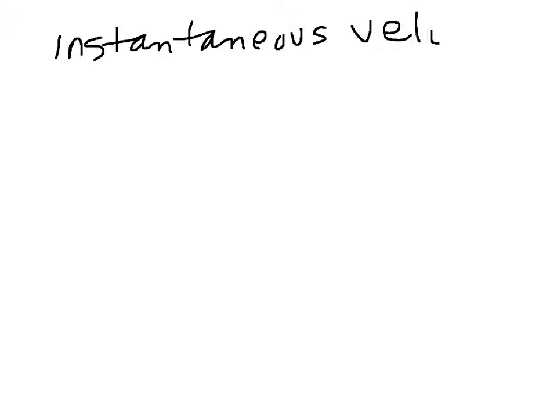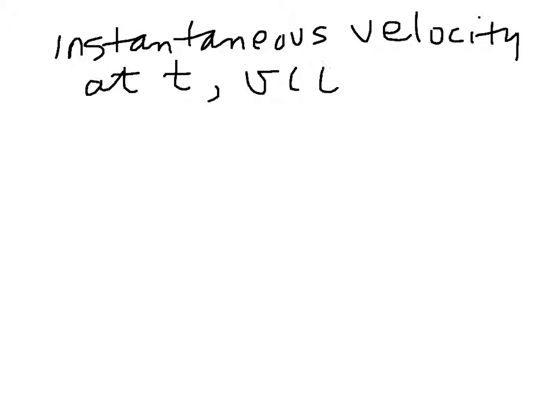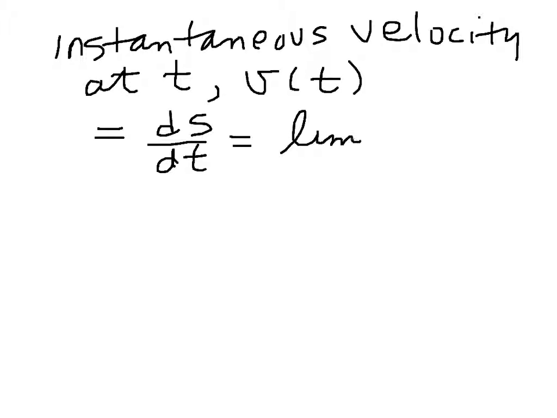And similarly, what we have is the instantaneous velocity at t given by the velocity. That's going to be the derivative of the position function, which is equal to the derivative expression.